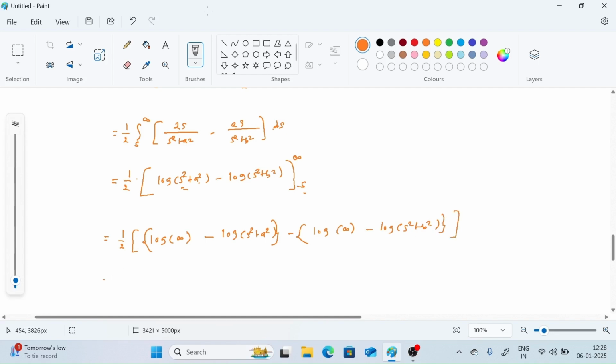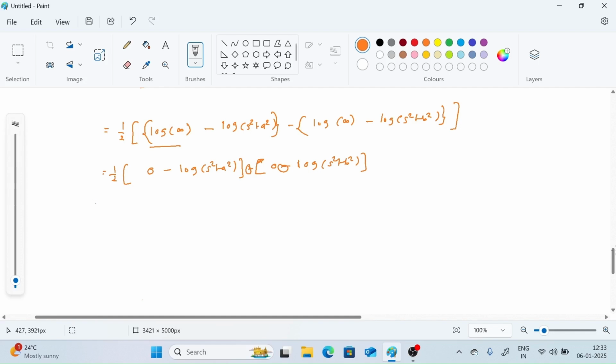So 1 by 2, this term will be 0: log of s square plus a square, minus this term will be 0: log of s square plus b square.